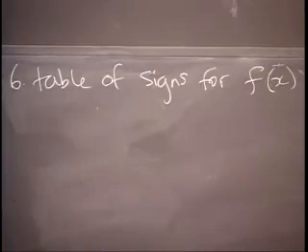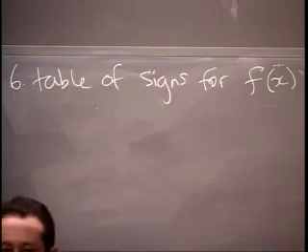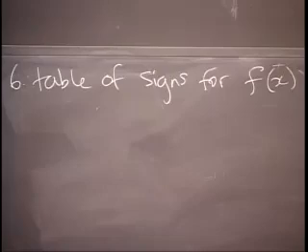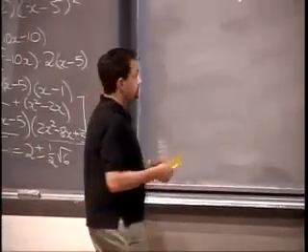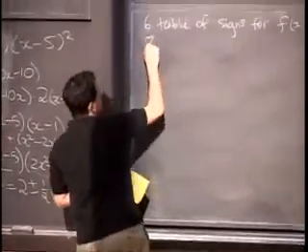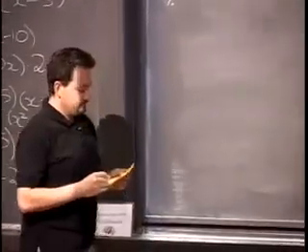The thing is, though, you need to know where the function is discontinuous and where its x-intercepts are, and that's provided by steps 3 and 5. 3 was the x-intercepts, and 4 is the domain. You can see where it's not defined, and 5 the vertical asymptotes, or even the removable discontinuities. These sort of tell you what values to drop into your table of signs. So that's where I think you should do that.